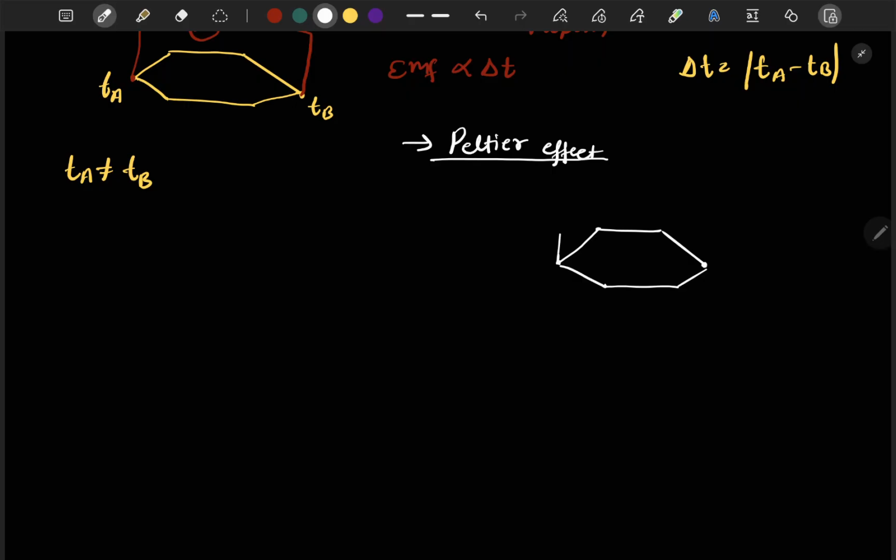Like when we connect a battery between points A and B, the temperatures of the two points will be different. Let's say TA will be less and TB will be more, so one end will be cold and the other end will be hot. This is used for thermoelectric refrigeration. You should remember this: the Peltier effect is useful in thermoelectric refrigeration.